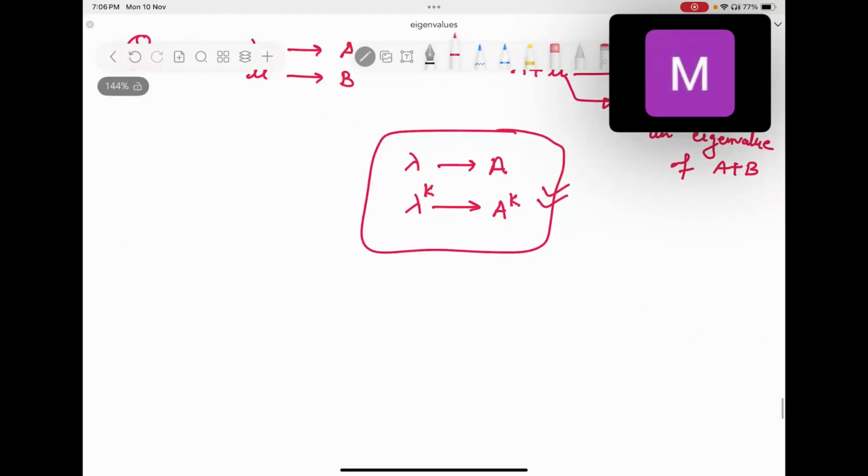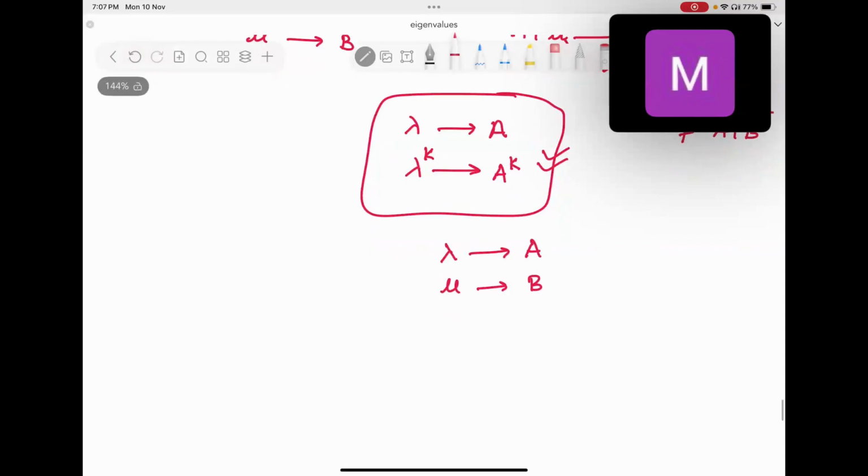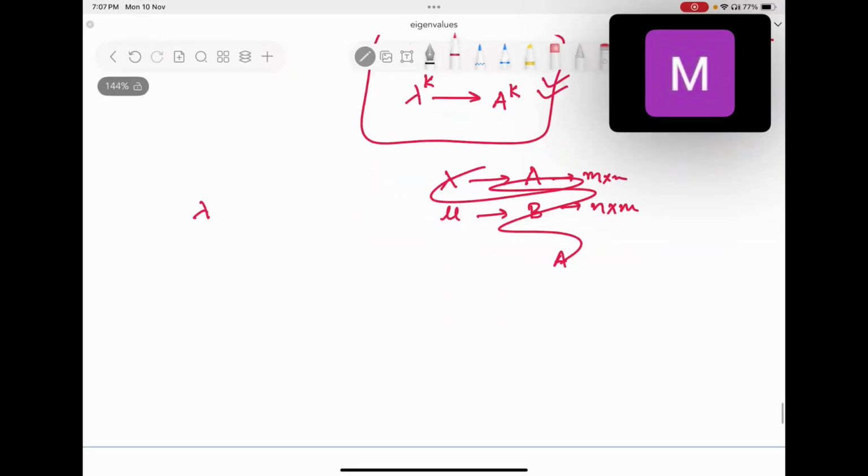And I already told you, if lambda is an eigenvalue of A and mu is an eigenvalue of B, and if A is an m cross n matrix and B is an n cross m matrix, then what can you say about AB? If lambda is an eigenvalue of AB and lambda is non-zero, then lambda will be an eigenvalue of BA.